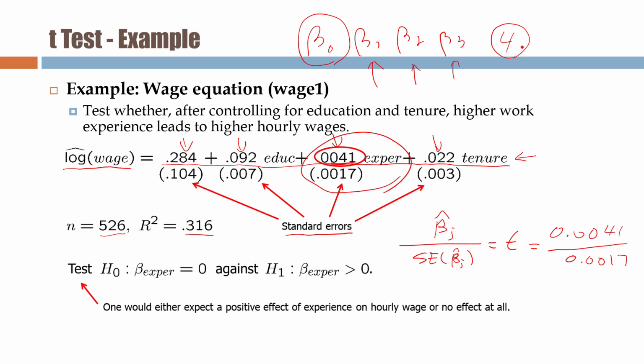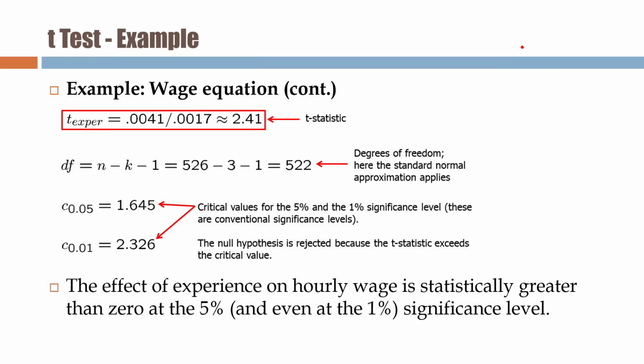We estimate 4 parameters. That's why you have to subtract 4, which is minus 3 and minus 1. So these 3 are the factors, this 1 is for the intercept, and then you get our degree of freedom, and then you can find the critical t.